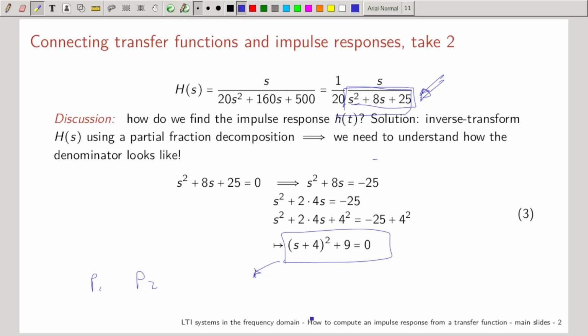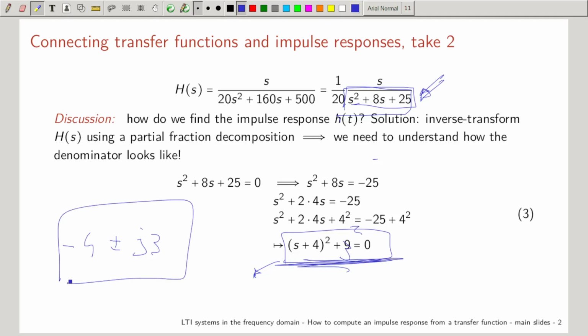We saw it yesterday. Whenever I get that representation, (s plus 4) squared plus 9, that 9 is a 3 squared. So the roots are going to be minus 4 plus minus j3. People, going from this writing to this writing should be immediate.